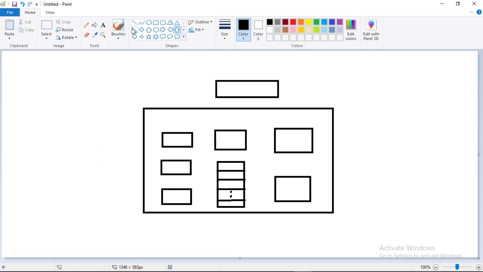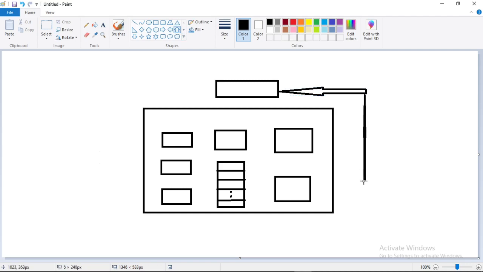Yes, this is the shape solution. Let's use line. Let's use arrow, that will be better for this particular purpose.